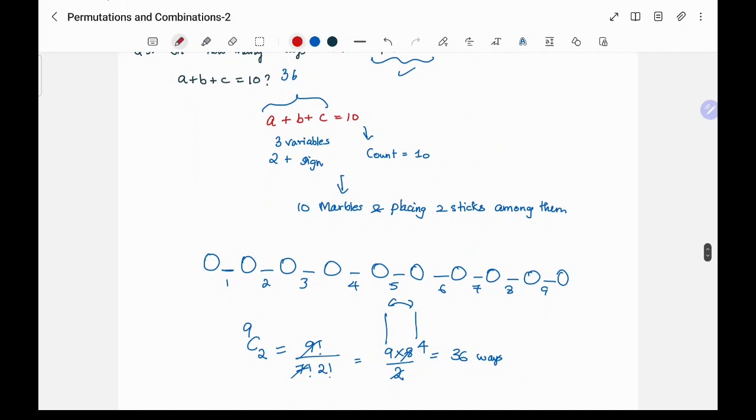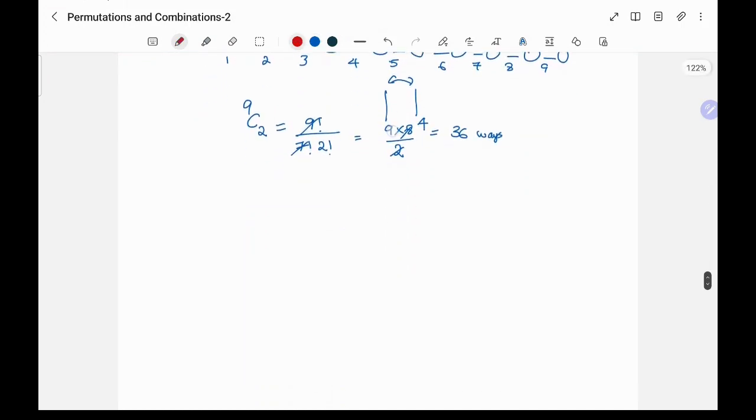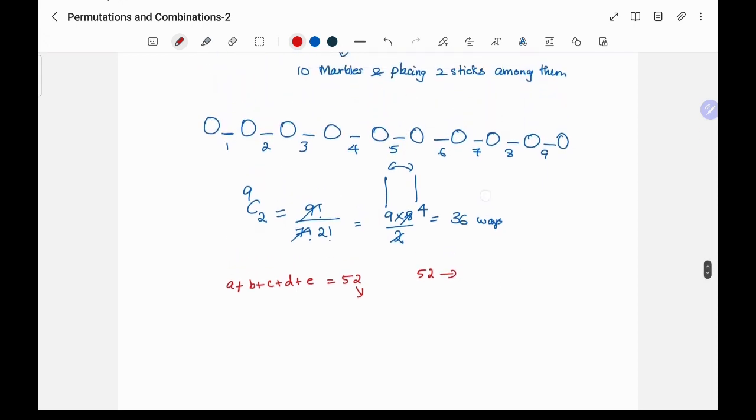So you should also be able to extend this to higher numbers, right? Let's say A plus B plus C plus D plus E equal to 52. How will you do this? Here the total marbles is 52. So how many gaps will they leave? The number of gaps will be n minus 1, correct?